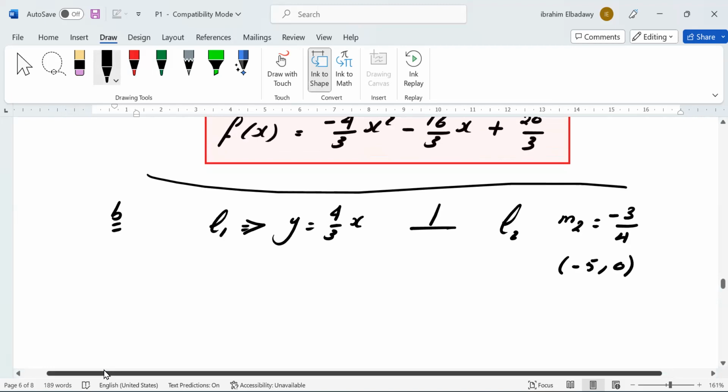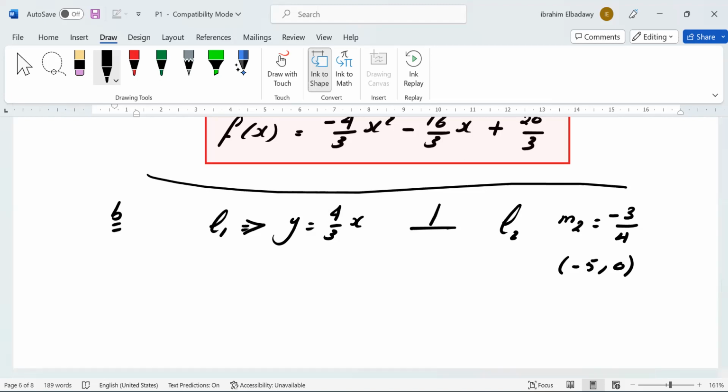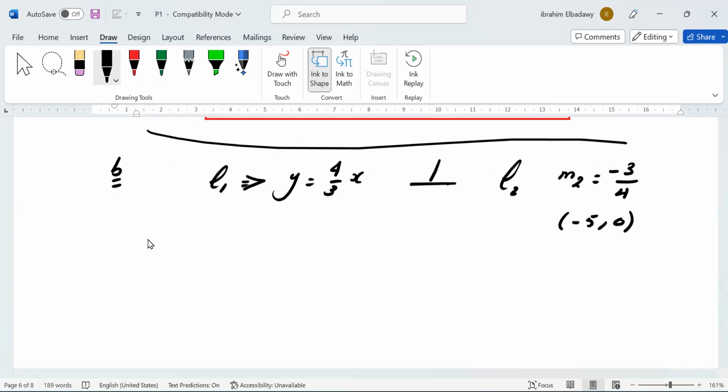So how can you get the line L2? Actually, to get the equation of any line, you should have two things. The first thing is the gradient. The second is a point. You already have both of them. M2 is negative 3 over 4, and you already have the point, which is negative 5 and 0. How can you write the equation of line L2? Actually, the general equation for any line is y minus y1 equal to m times (x minus x1).